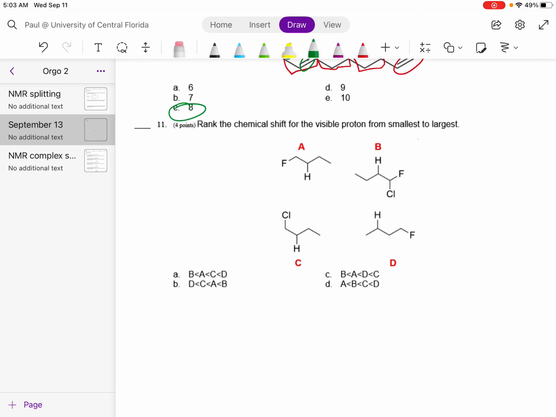Write the chemical shift from the visible proton from smallest to largest. Which one's going to be the smallest? So my brain just likes to look at it from the greatest here. Let's see here.